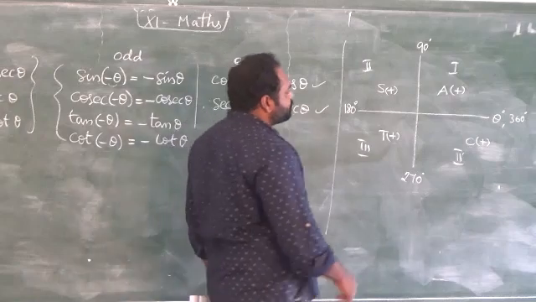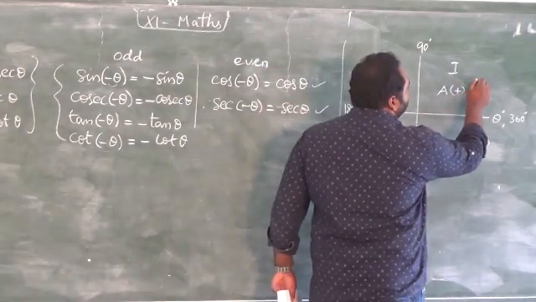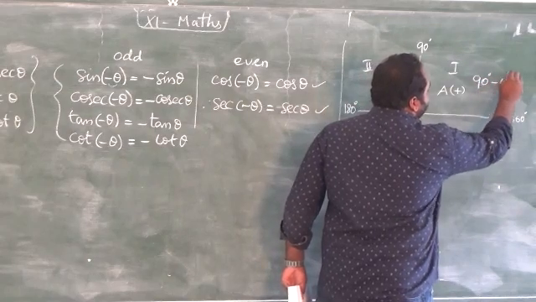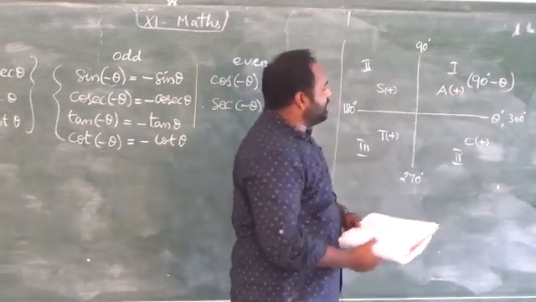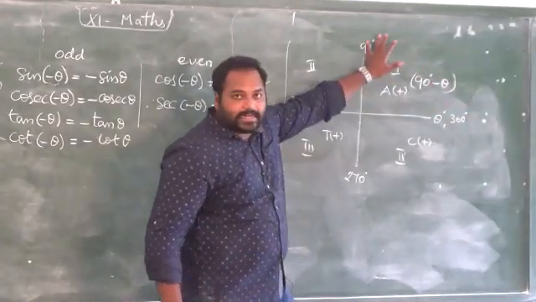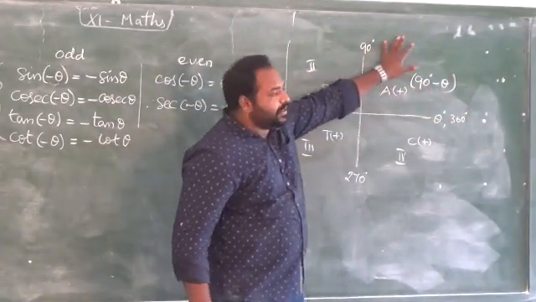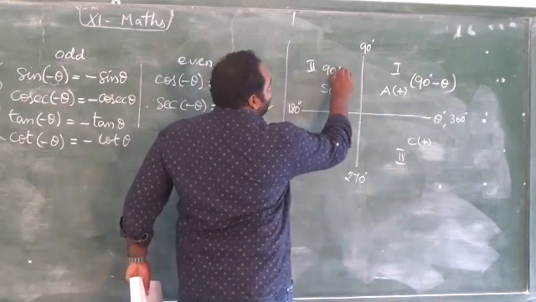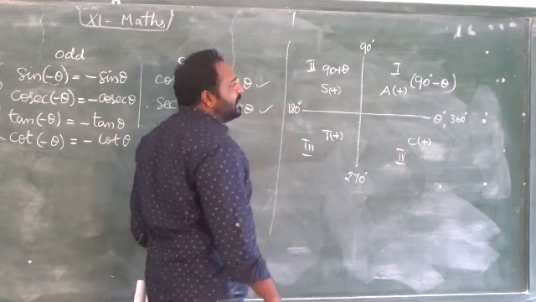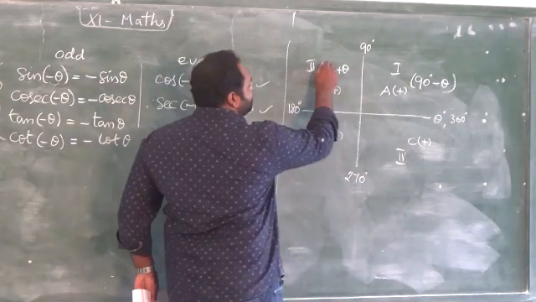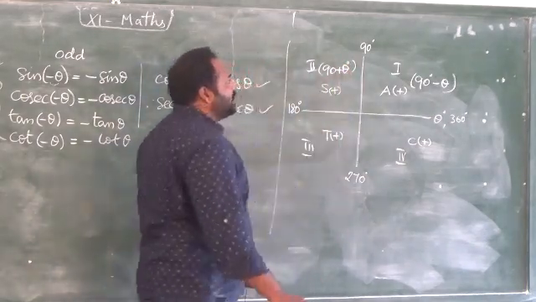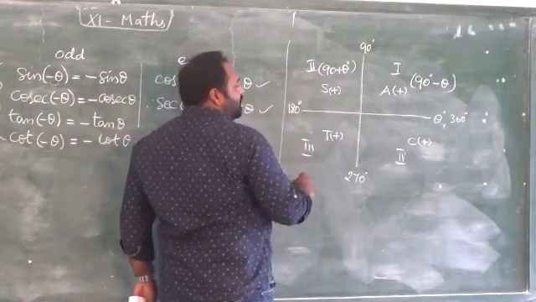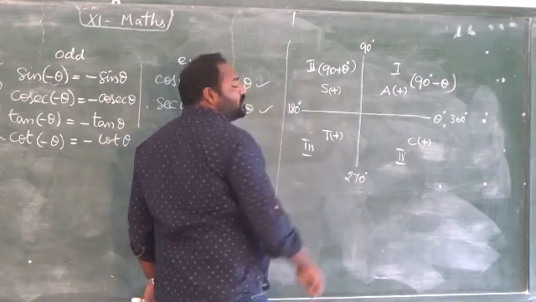Now, 90 degree minus theta occurs only below 90 degree, in the first quadrant. Here we have 90 plus theta, so 90 and above will occur in the second quadrant.